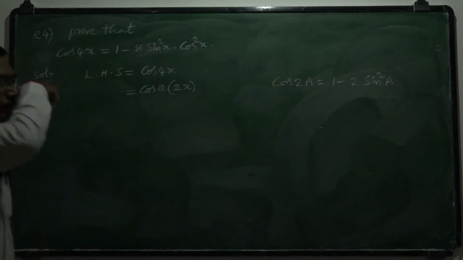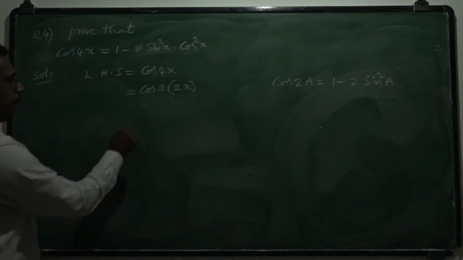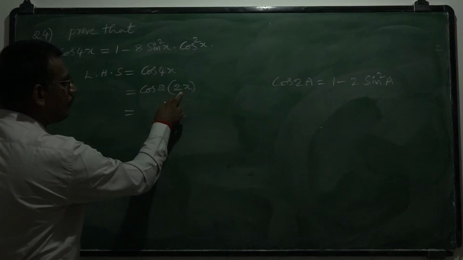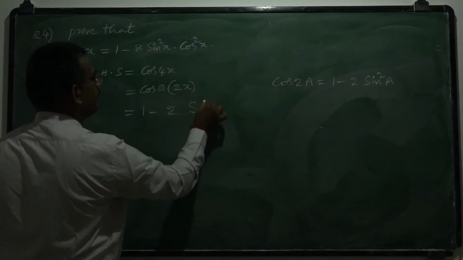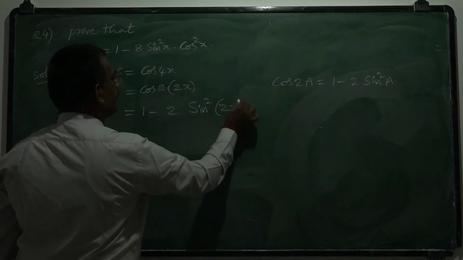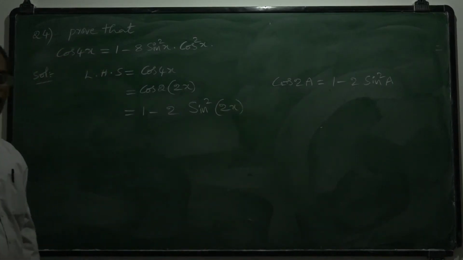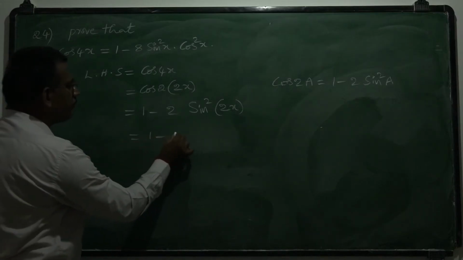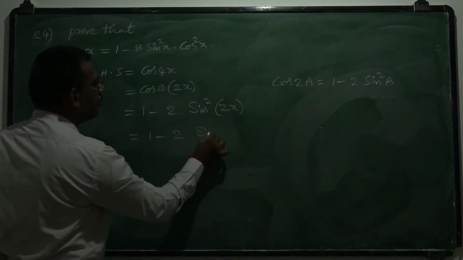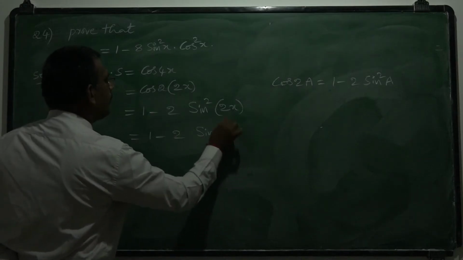Cos 2a equal to 1 minus 2 sin square a. Here a is 2x, so that's equal to 1 minus 2 sin square 2x, which means sin 2x whole square.